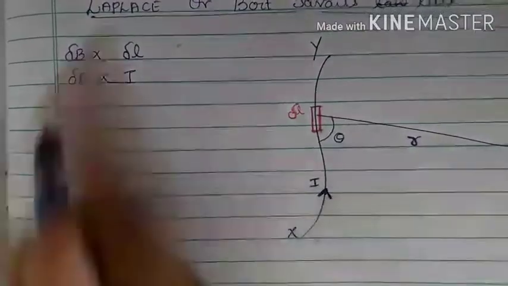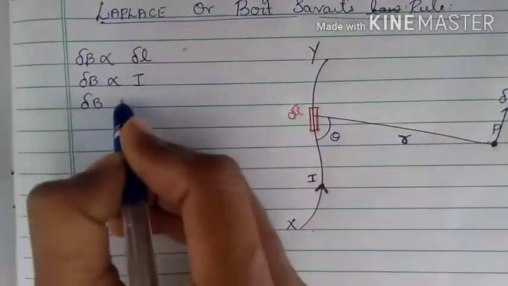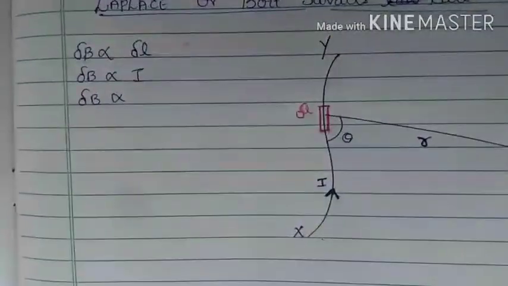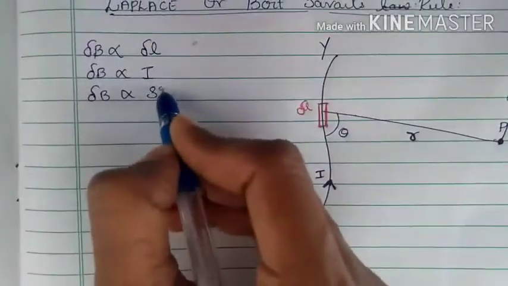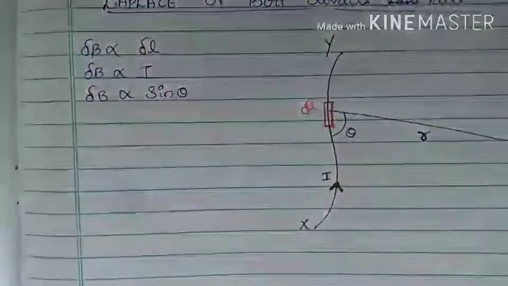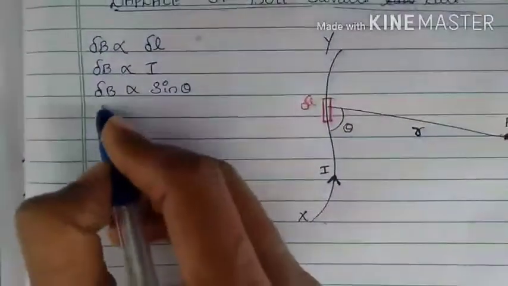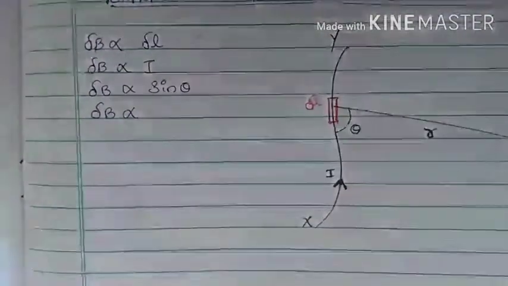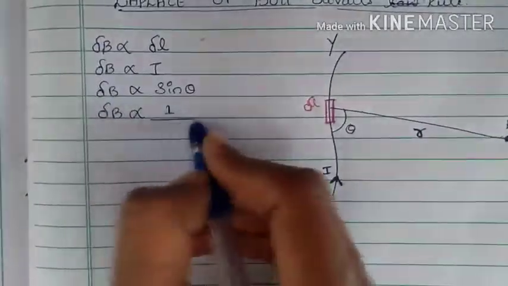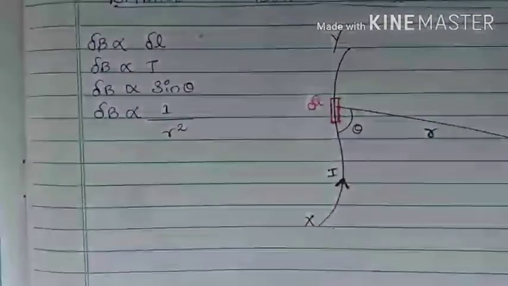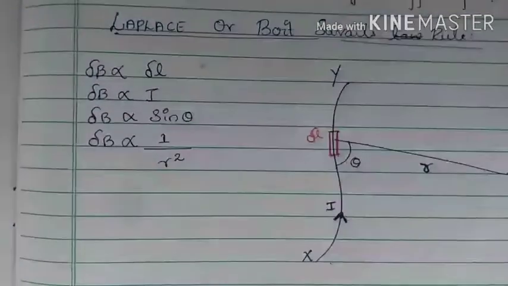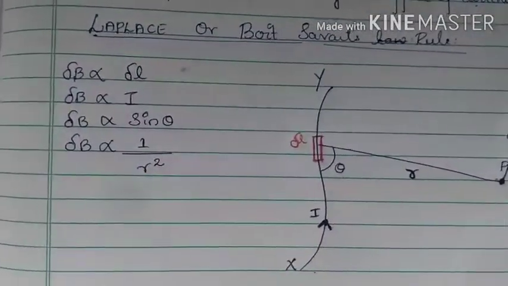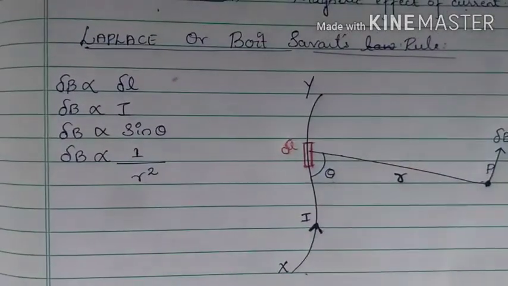The third is that it is proportional to the sine of the angle between the current element and the line joining, that is sine theta. And the fourth is delta B is directly proportional to what? 1 by r square, that is the square of the distance between the point and the current element. So this is what the Laplace rule states.